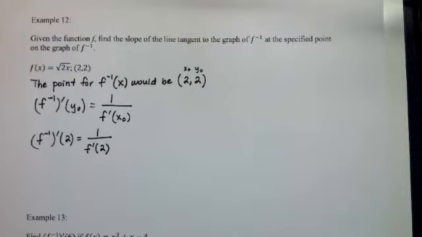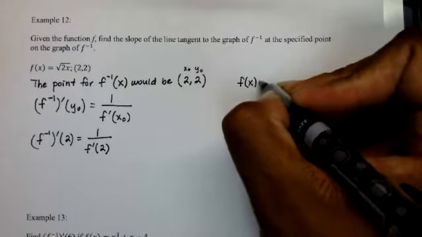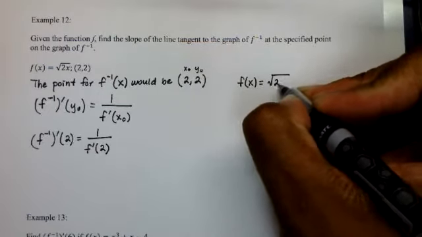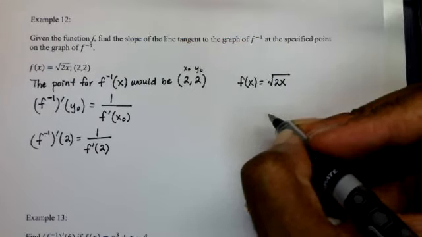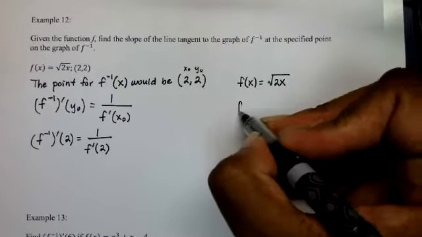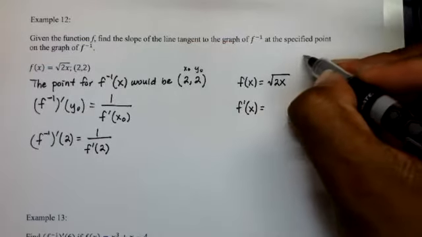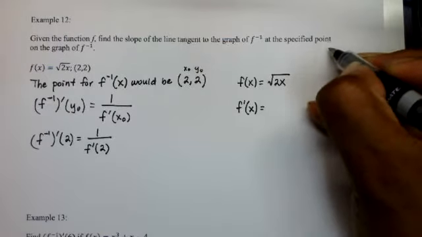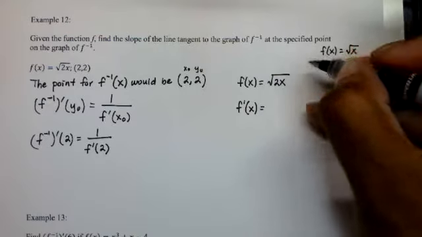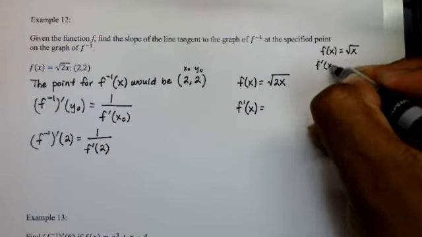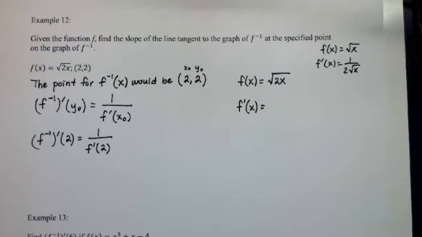But now we need to find the derivative of f of x. So here f of x is going to be equal to the square root of 2x. Now the derivative of the square root of anything, and I hope you remember this, if you have f of x equal to the square root of x, then its derivative is automatically going to be 1 over 2 square root of x.